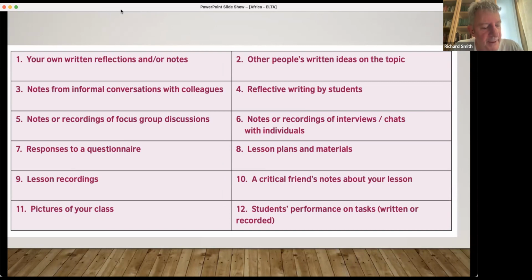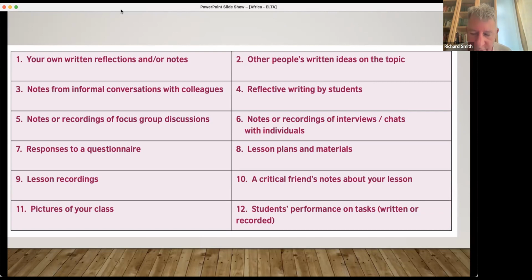Remember, these are teachers who work in quite difficult situations with a large class or busy teachers, as I'm sure you are. And so that's the kind of practical tool that we recommend. And so there are 12 different sorts of data here.